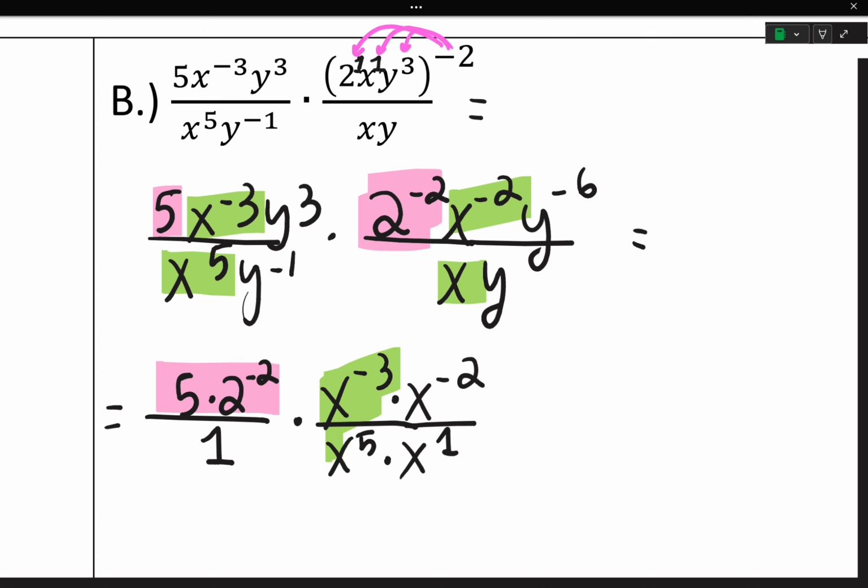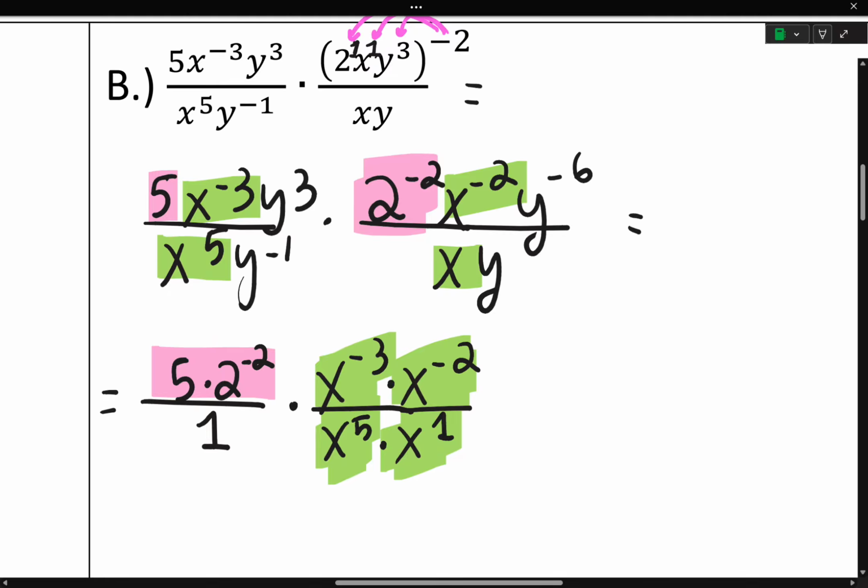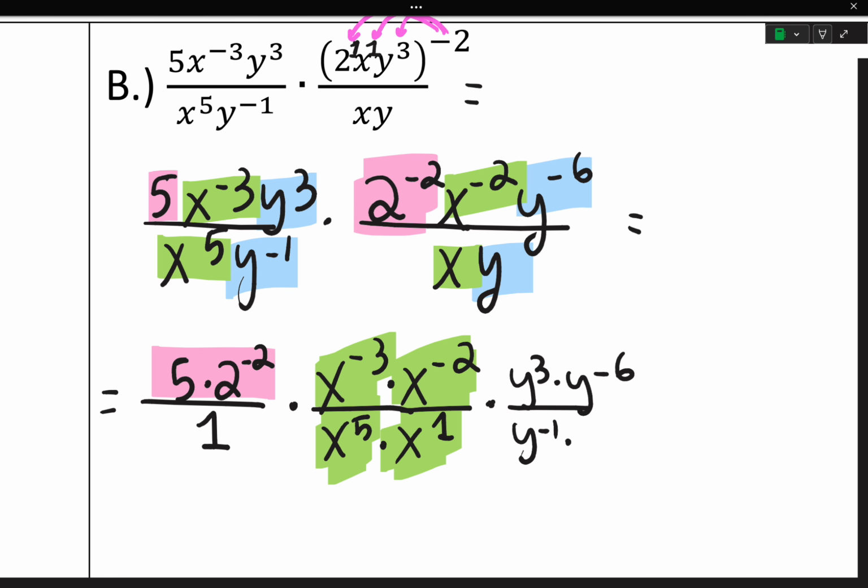Alright, so I got x to the negative third times x to the negative second on top, and x to the fifth times x to the first on the bottom. And now let's do the y's. So we've got y to the third times y to the negative sixth on top, y to the negative first times y to the first on the bottom.